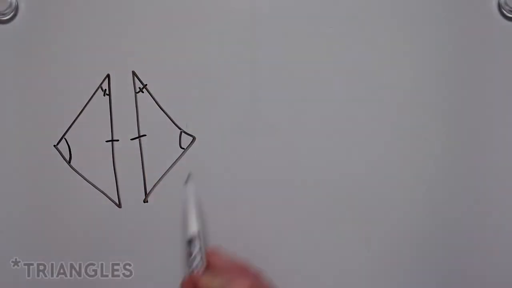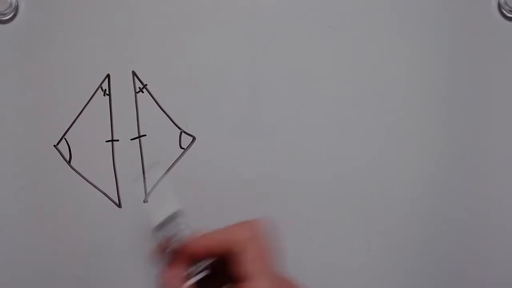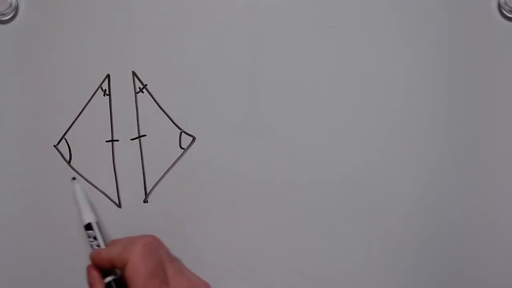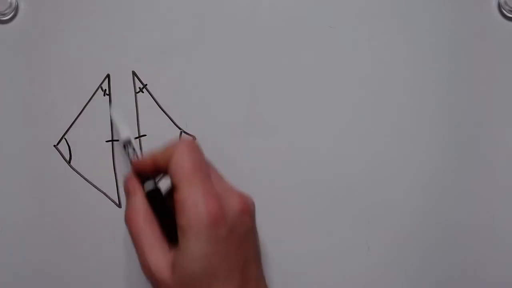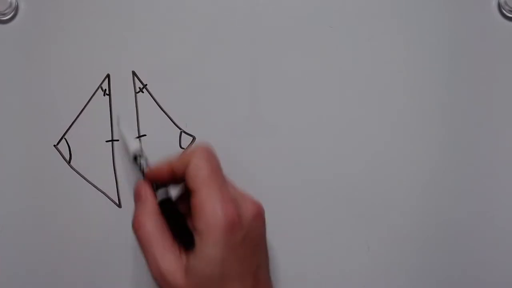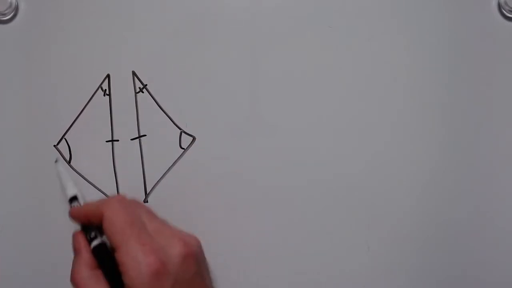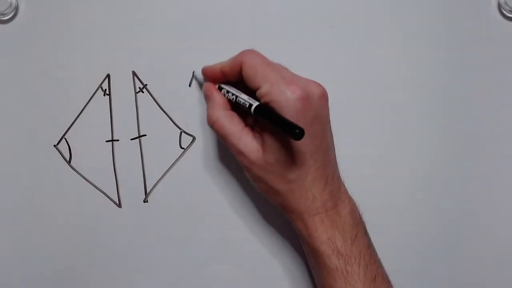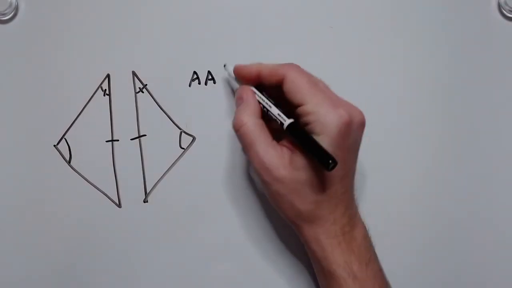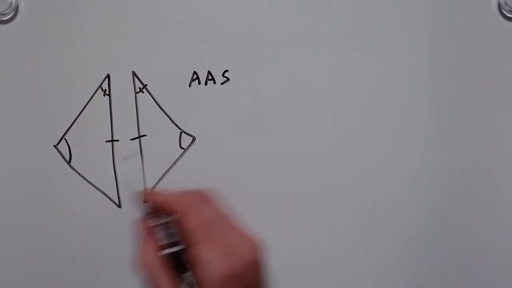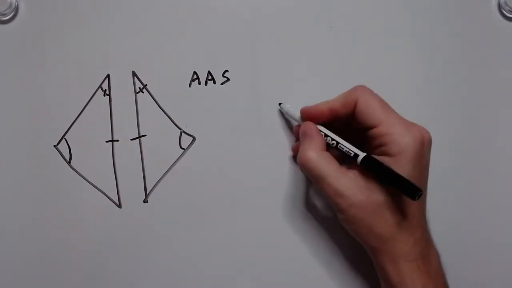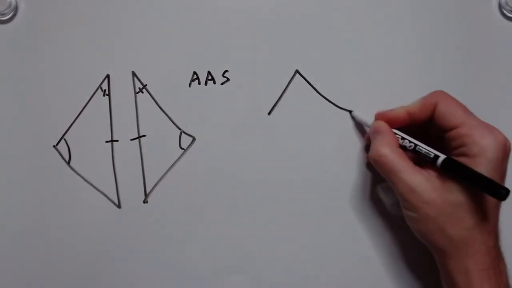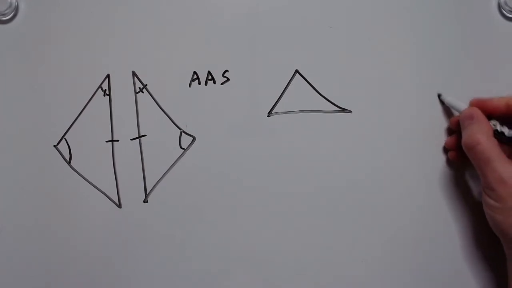So are these two triangles congruent, and if so, what theorem or postulate says so? Well, we have an angle and an angle. So we have two angles and a side. The side is not included, so we have two angles and a non-included side. So this would be angle, angle, side. So these are congruent.